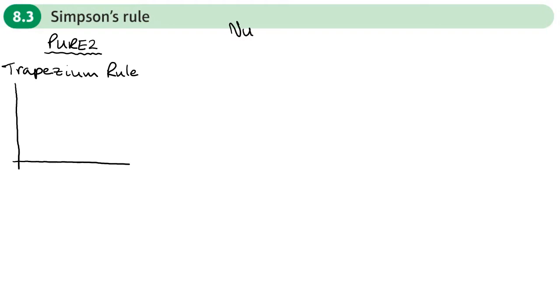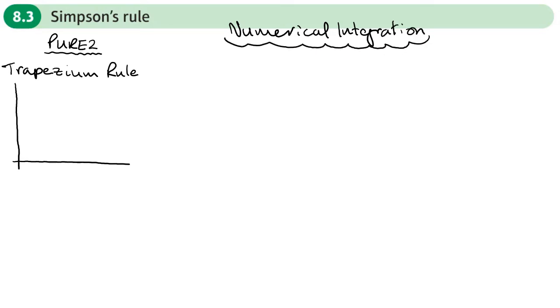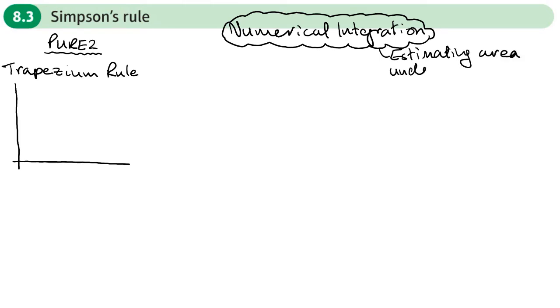I'll just write here, numerical integration, and integration in that we're trying to find, or estimate, the area under a curve. So let's draw one here, just a random curve.